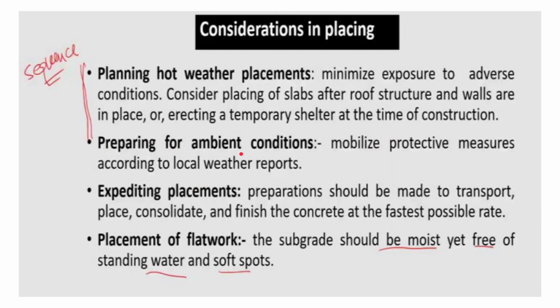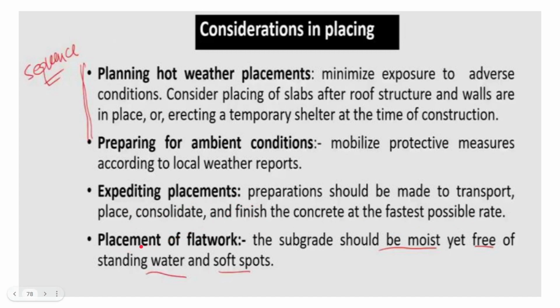We can prepare for some ambient conditions. We can mobilize protective measures according to local weather reports. We can expedite the placements. We can do some preparations which can make the transport, placement, consolidation and finishing as fast as possible. So these are some innovative ways we can think about.